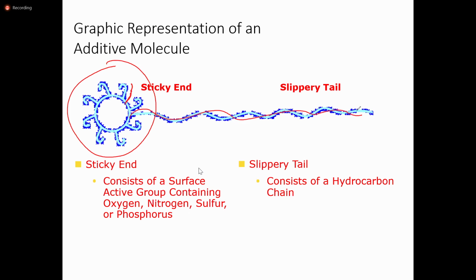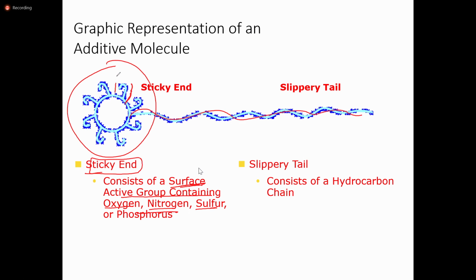Now this usually has a sticky end. If it has a sticky end, that normally occurs because of active groups containing either oxygen, nitrogen, sulfur or phosphorus.